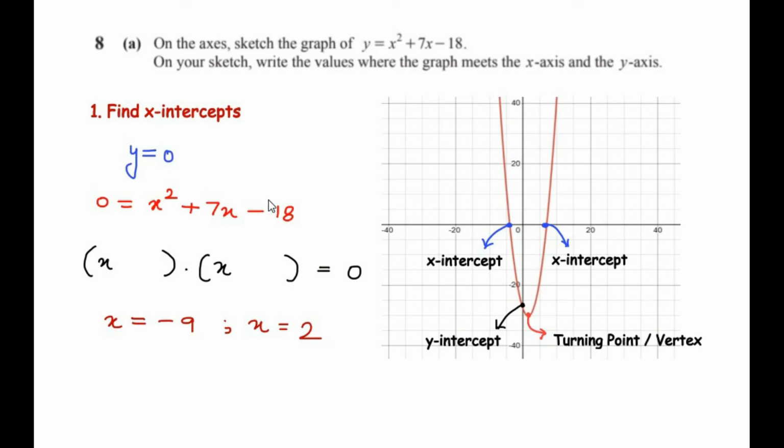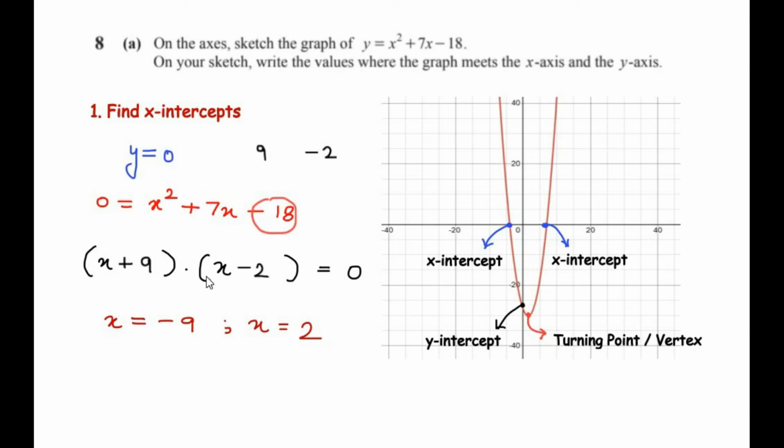That is, we need to find the factors of negative 18, which when multiplied give us negative 18, and when added give us positive 7. So the factors we can think of here are 9 and negative 2. If you multiply these two, we get negative 18, and when we add these two, we get positive 7. So we get two factors here, that is x plus 9, our 9 is positive here, and x minus 2.